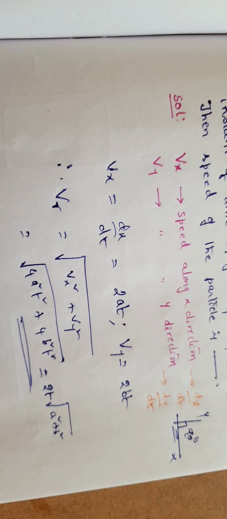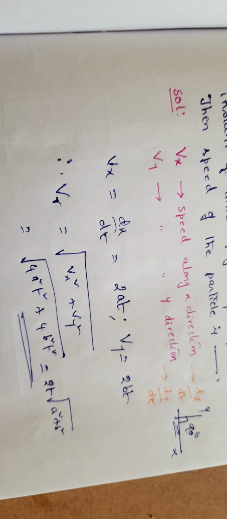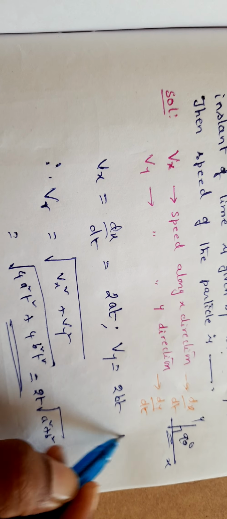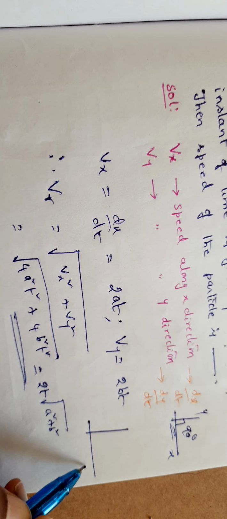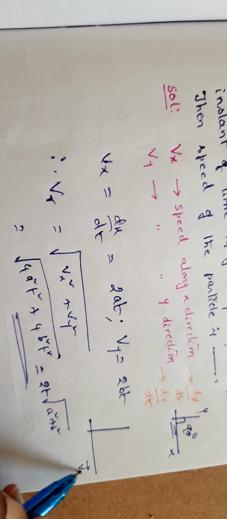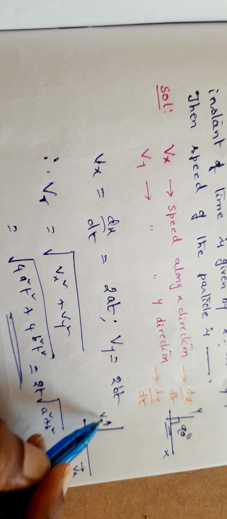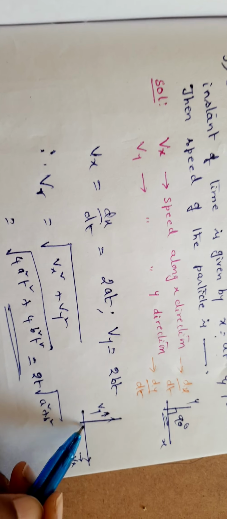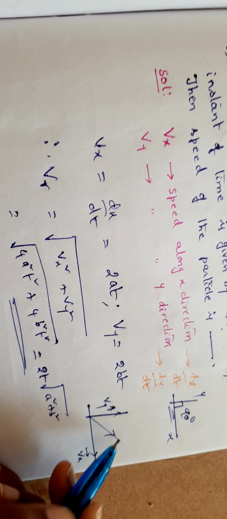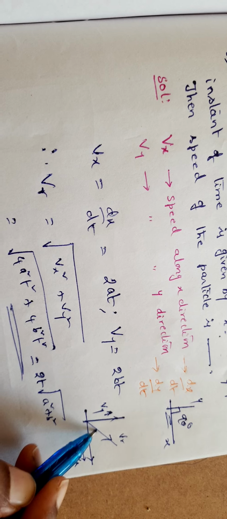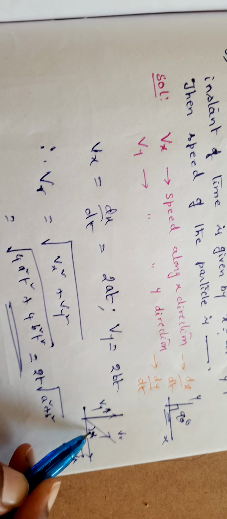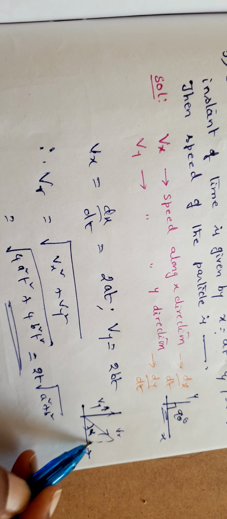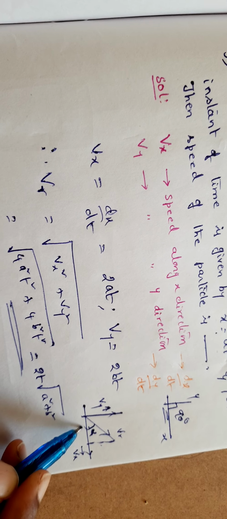And what about the direction? Right? So to find out the direction, this one along this is Vx, this is Vy. Right? So two vectors. The resultant will be acting like this. That is Vr. We want to find alpha, where tan alpha is equal to opposite side by adjacent side.